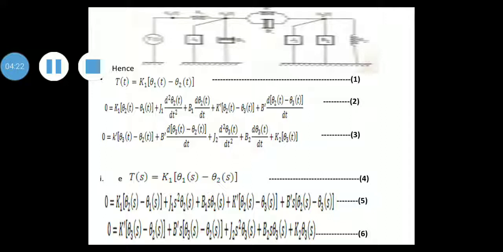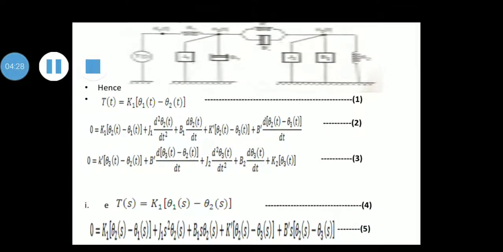Then next we have to write for the theta 2 of t node. There is no torque applied here. Due to that, 0 equal to K1 theta 2 of t minus theta 1 of t plus J1 d square theta 2 of t by dt square.